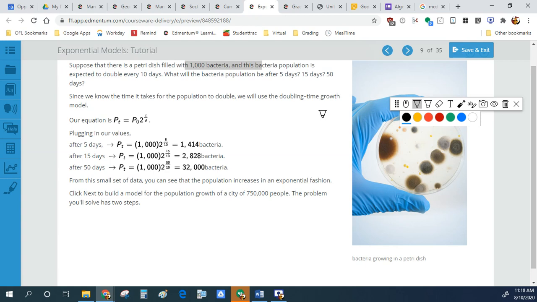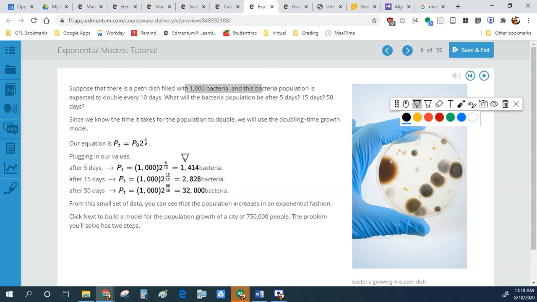So what's happening here is this virus keeps doubling, and it looks like it doubles every T amount of days. So in other words, every 10 days is the amount of time it doubles. So in 5 days, it only happened one time.